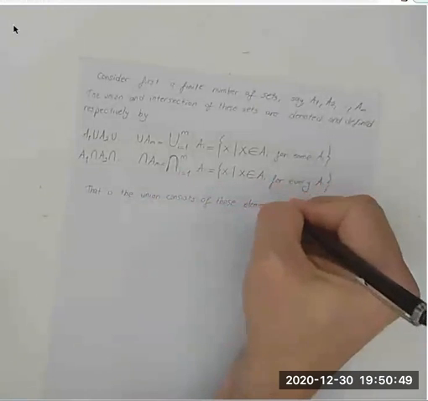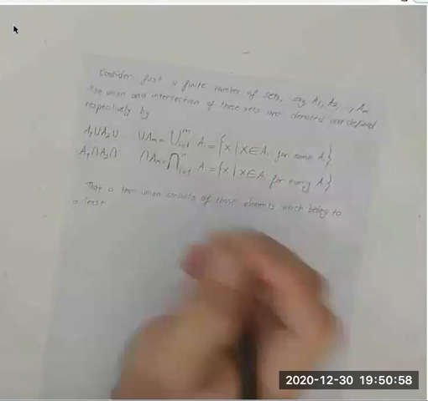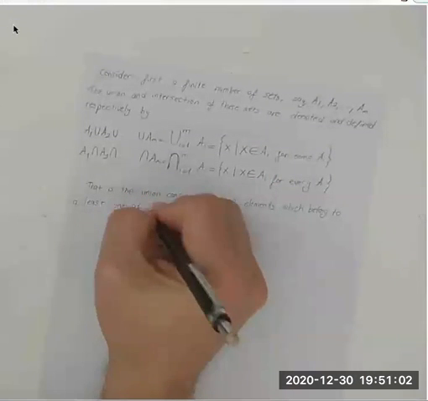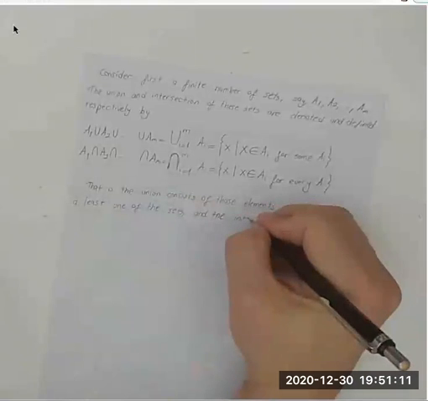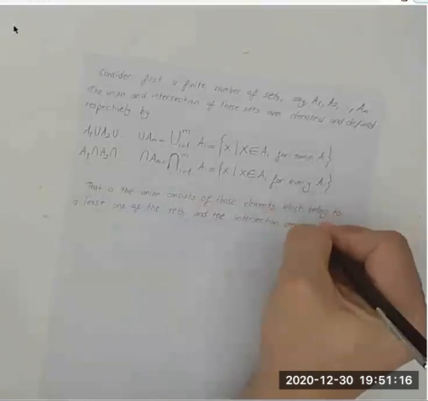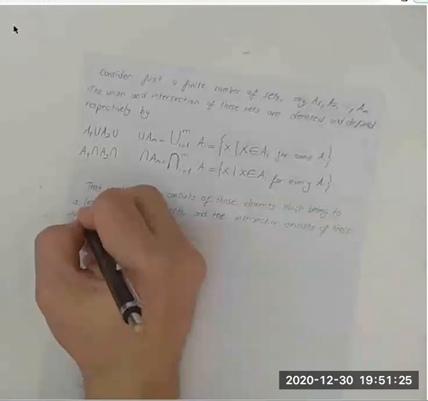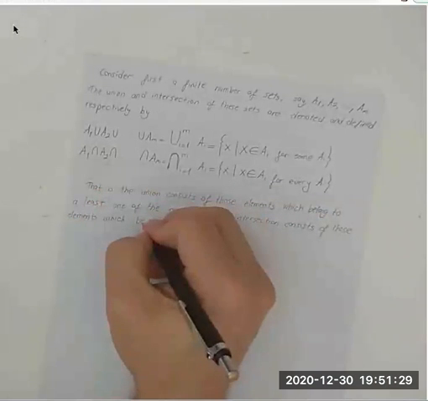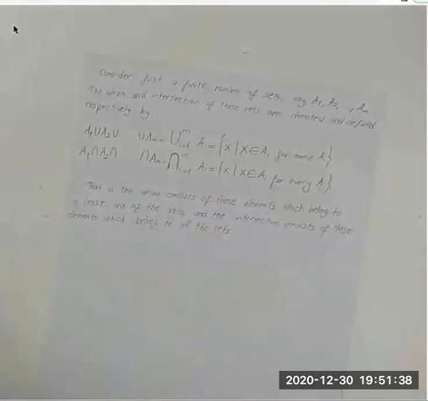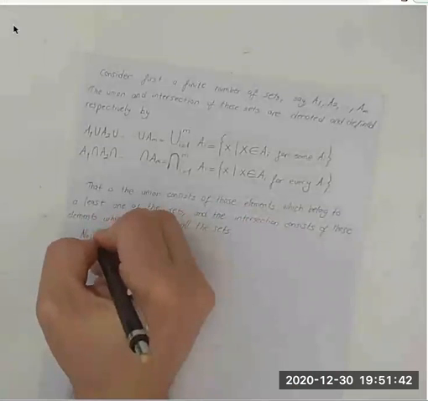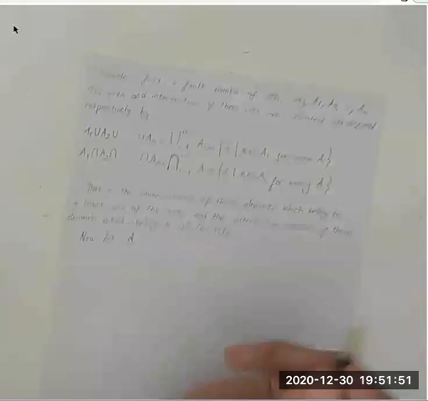I remember that notation was used in some examples, that's why I'm writing it here. The union consists of those elements which belong to at least one of the sets, and the intersection consists of those elements which belong to all sets.